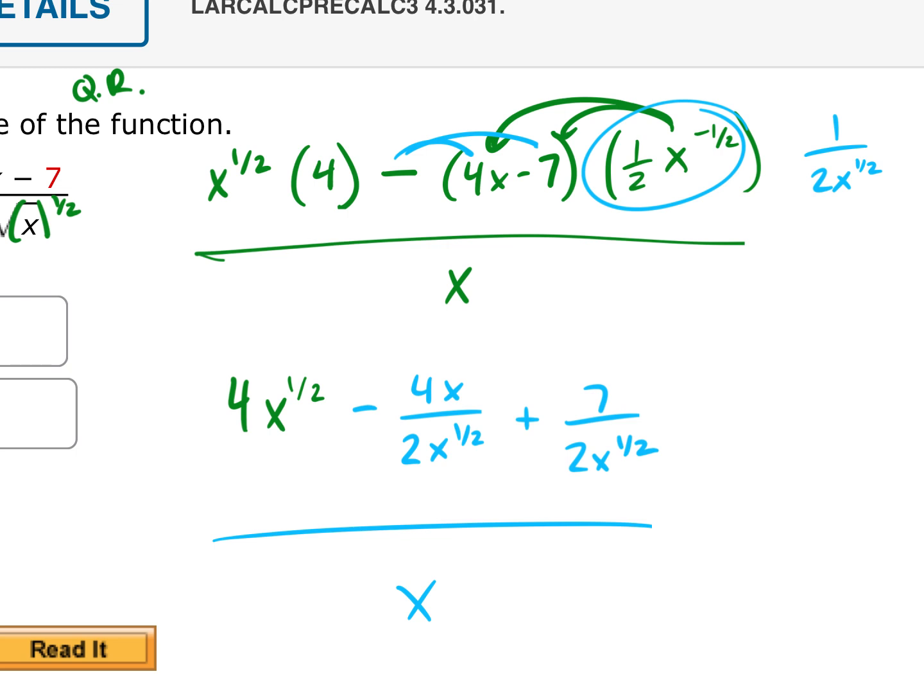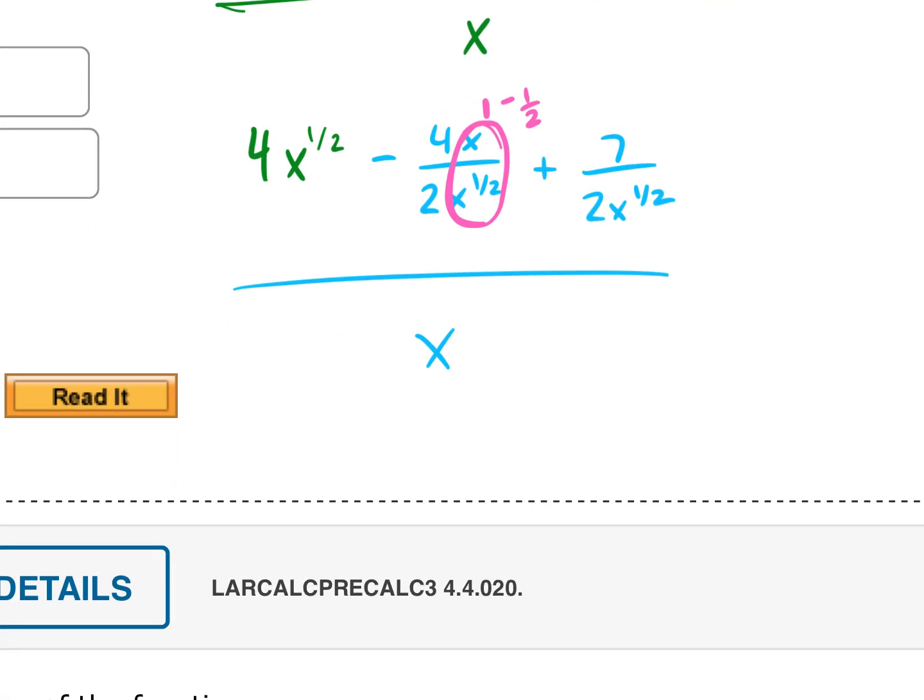I can combine these together. How? Subtract the exponents. Perfect. So this would be x to the first power minus 1/2. So 4x to the 1/2 power. 1 minus 1/2 would be 1/2. So this would be minus 4x to the 1/2 power. Just kidding.